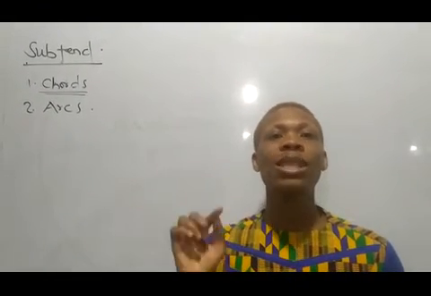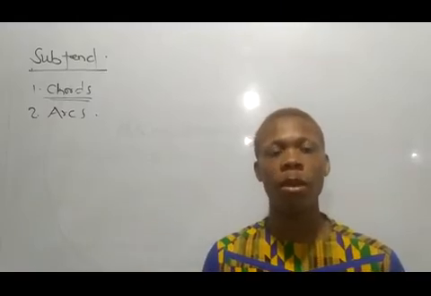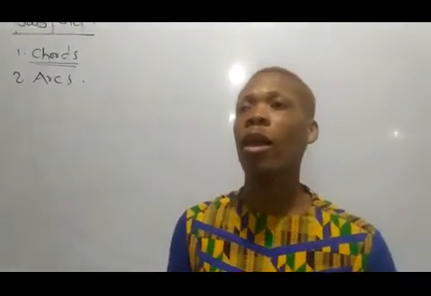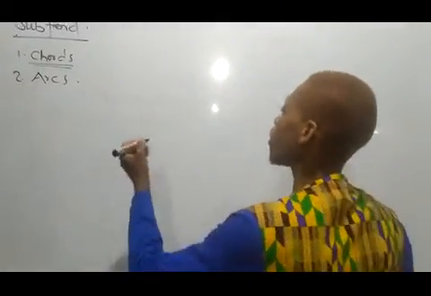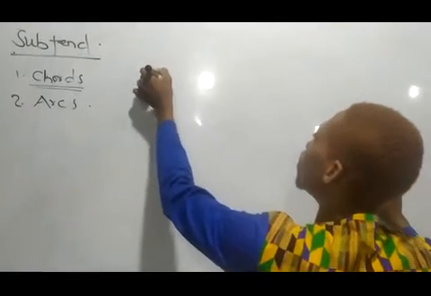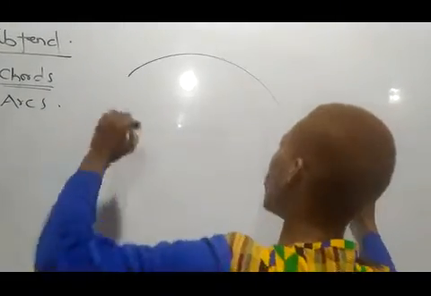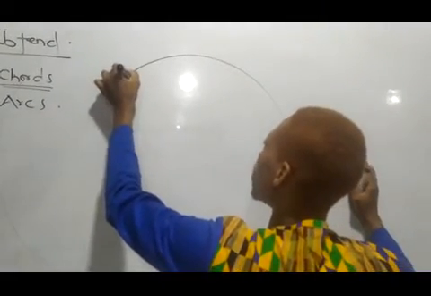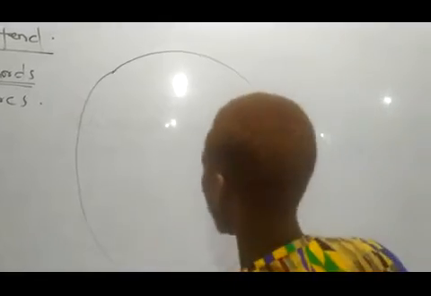Now, I have mentioned that to subtend means to hold. So let me draw a diagram on the board, a circle, and I'm going to use that to explain the meaning of subtend.